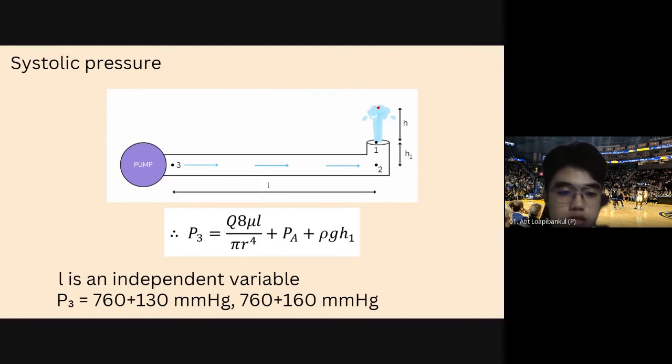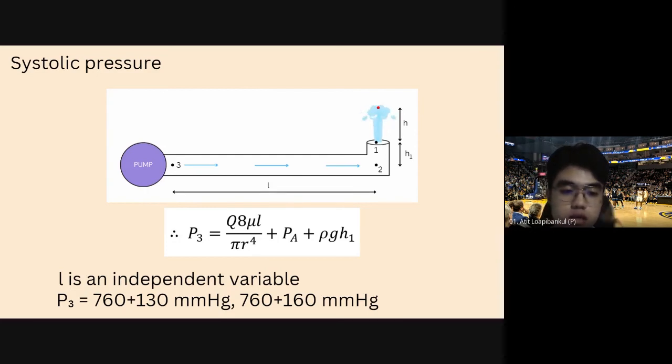In systolic pressure, we have to find the pressure at point 3, and in order to find that, we have to adjust the value L. As I said here, L is the independent variable. So we will adjust L until the P3 value reaches 760 plus 130 millimeters of mercury, and also 760 plus 160 millimeters of mercury.